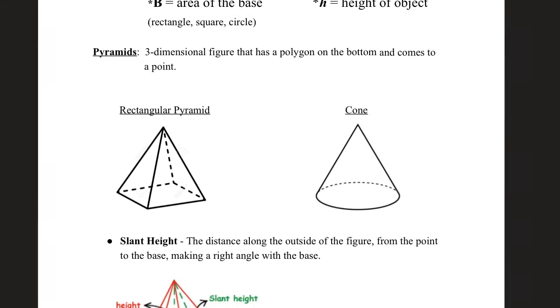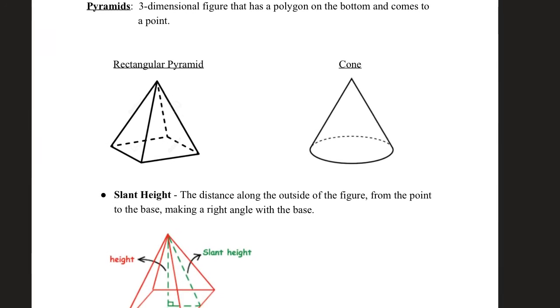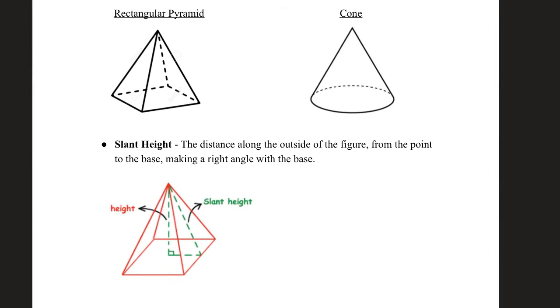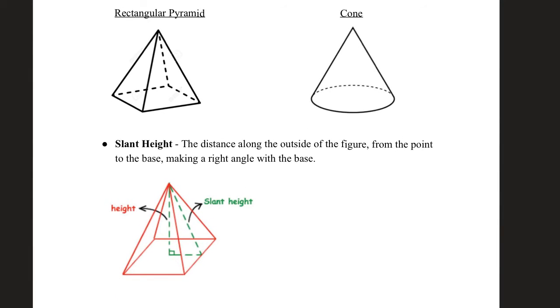So with these pyramids and cones, we have something else that I have already referred to in the first video, but now we're going to dig into a little bit more. It's called slant height. So slant height is the distance along the outside of the figure from the point, this point up here, to the base right there.